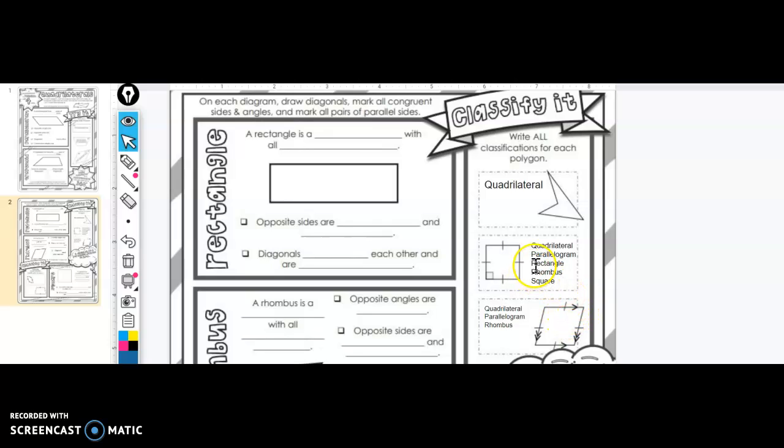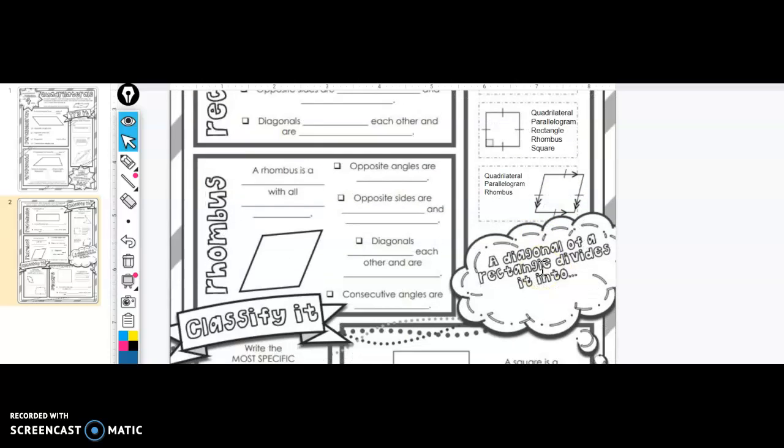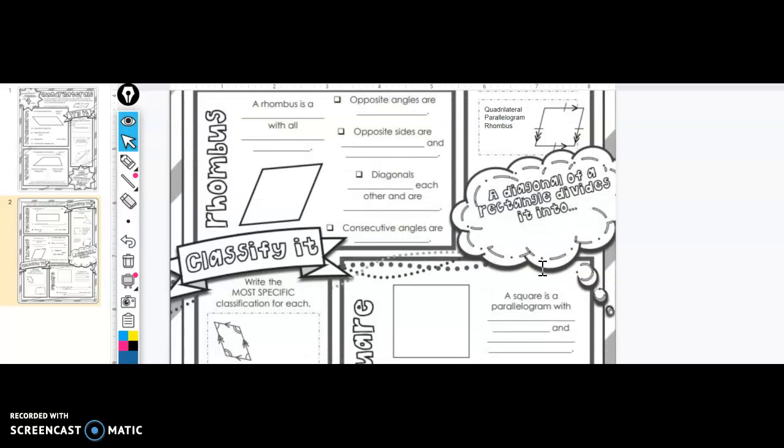Okay, next, let's see, let's go down to this. A diagonal of a rectangle divides it into, I don't have a text box, I'll have to add one. And I can rotate it to match my bubble.